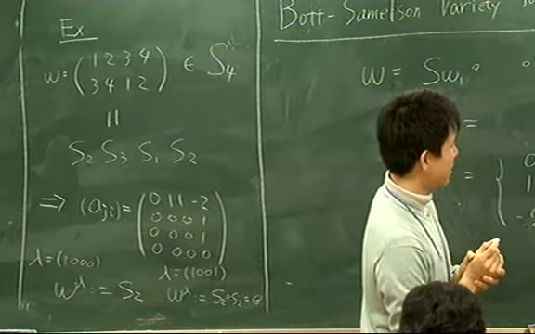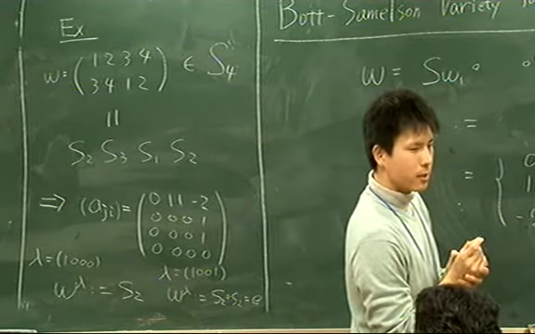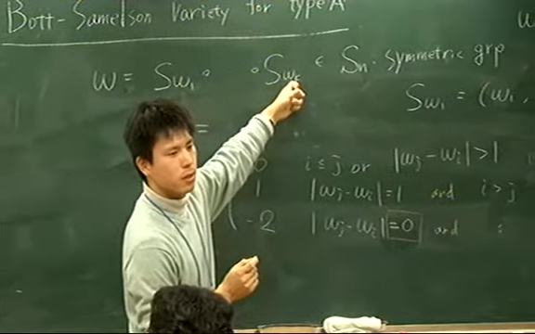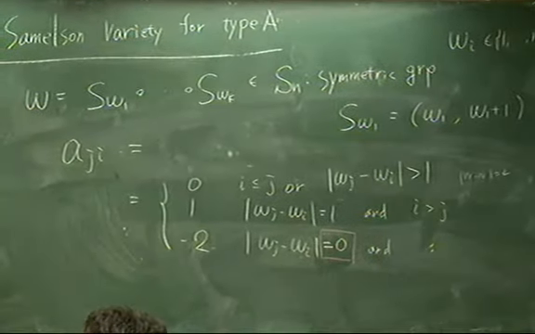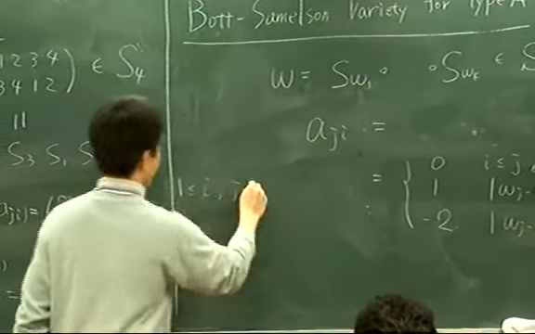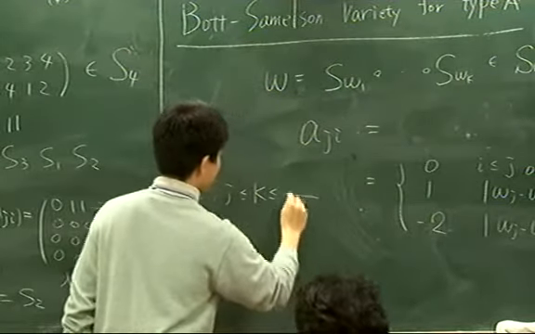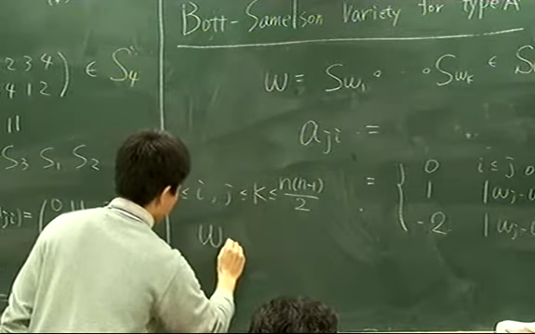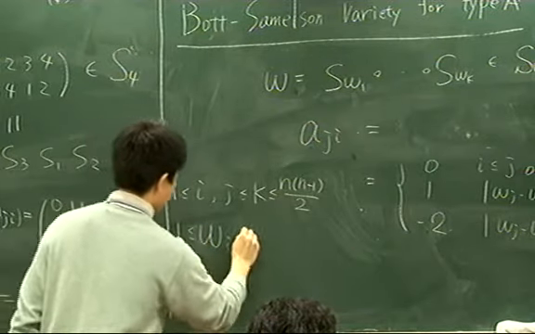W sub i sub j, right? Yes, that's still i_j, right? Yes, that's w_{i_j}, with sub index k, right? Okay, so to make it clear, i and j are from 1 to k.